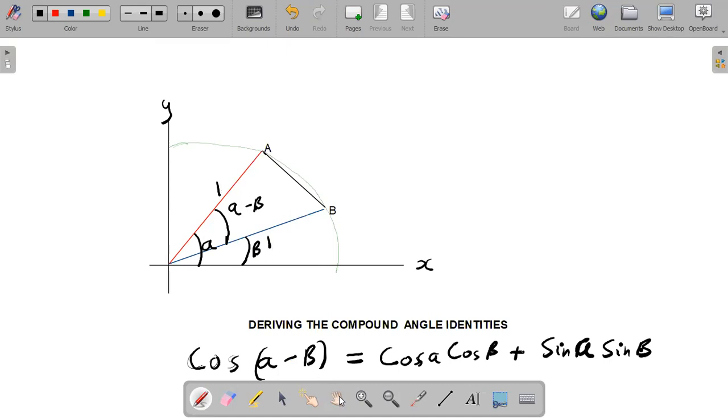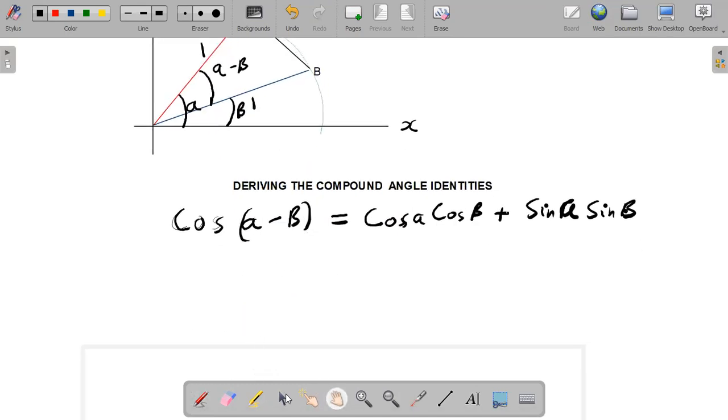The first key thing that we do is use the cosine rule. The cosine rule says a squared is equal to b squared plus c squared minus 2bc cos a.